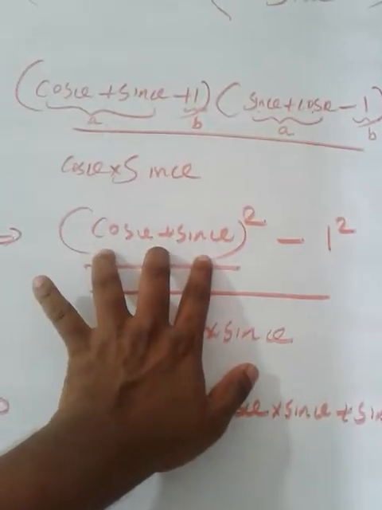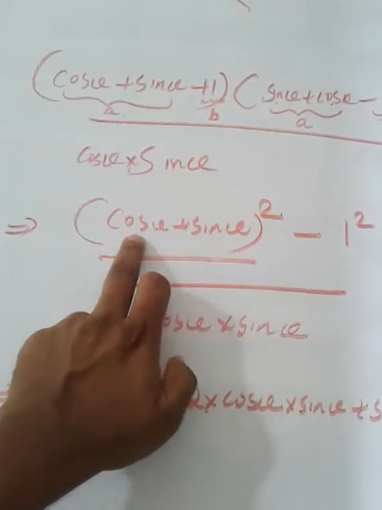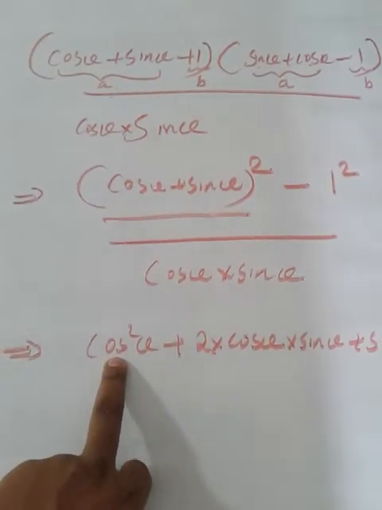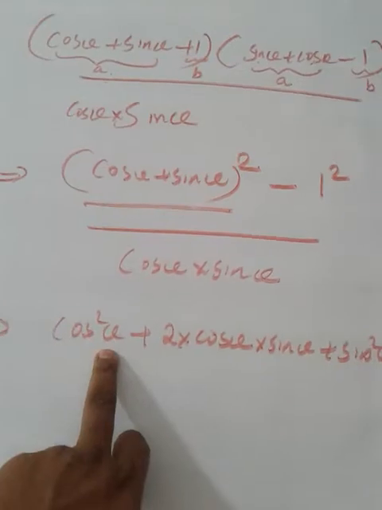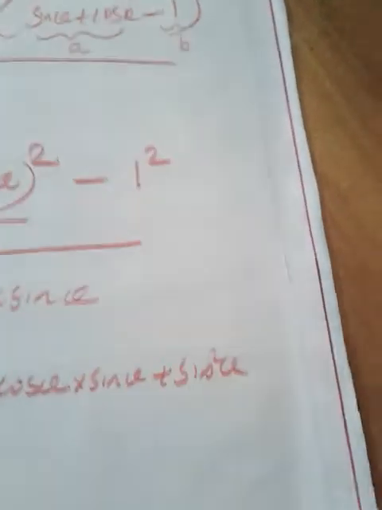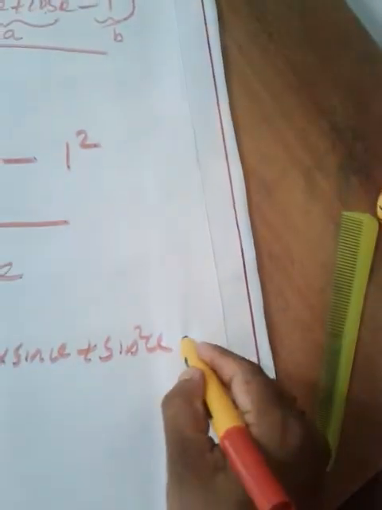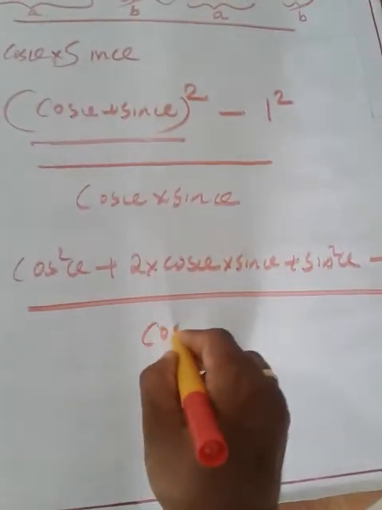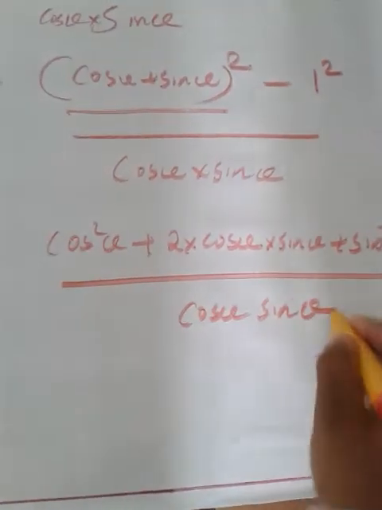This time it is itself in the form A plus B whole square, so expand using A plus B whole square. What is A plus B whole square? A square plus 2AB plus B square. And the remaining term is minus 1 square. Minus 1 square is nothing but minus 1, since 1 square is 1. And the denominator stays as it is, cos theta into sin theta.